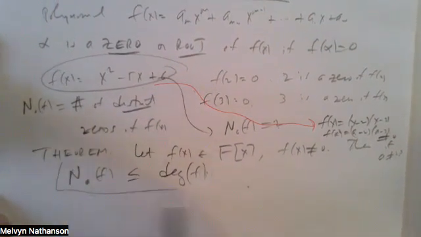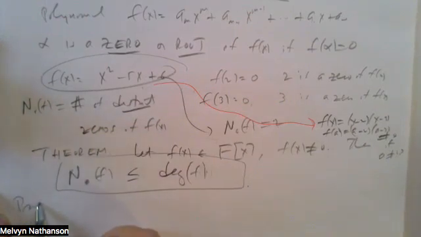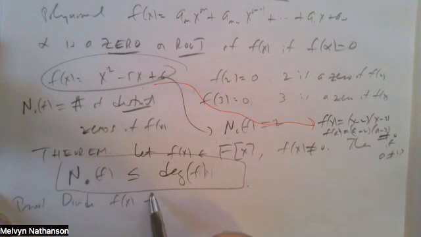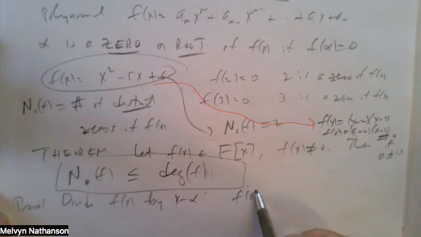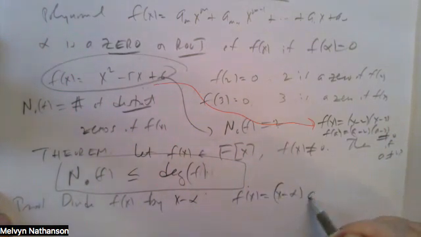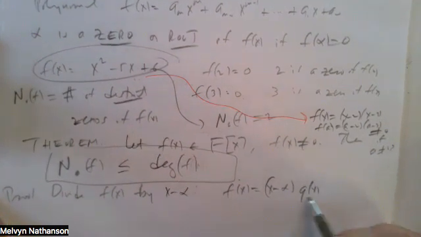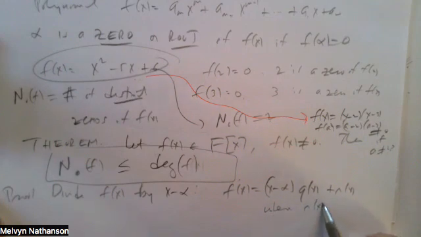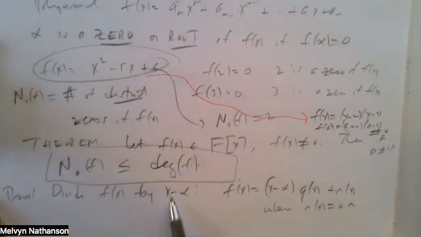So how do we prove this inequality? Suppose we take a number alpha, divide f of x by x minus alpha. We get f of x is x minus alpha times some quotient q of x plus the remainder, where r of x is 0, or it has smaller degree than x minus 1.